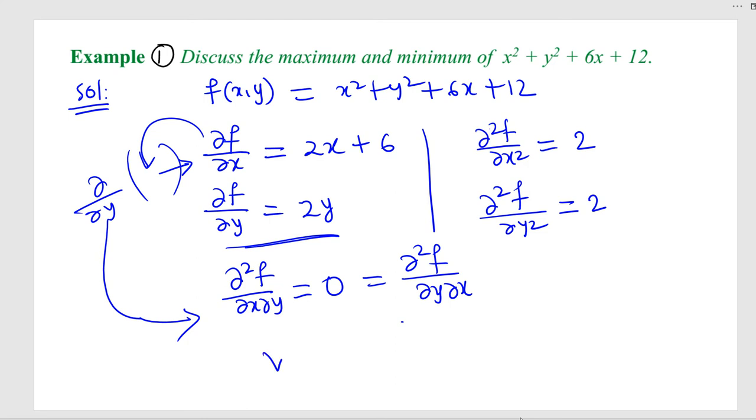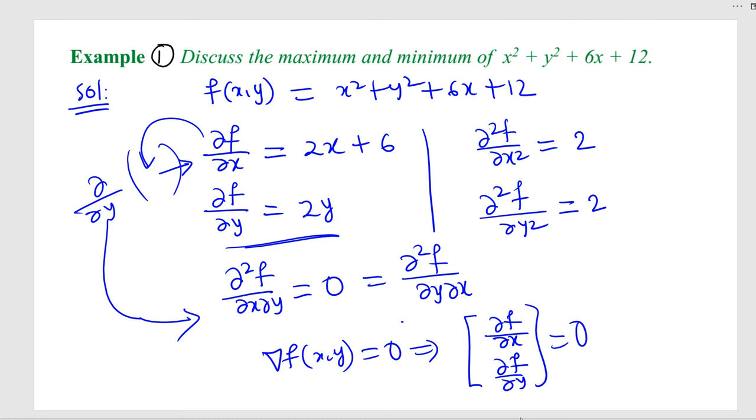So the gradient of f(x,y), let us make it 0. This will give you del f del x and del f del y, make them 0. That means 0 comma 0. This is going to be 2x plus 6 equals 0, and here we have 2y equals 0.